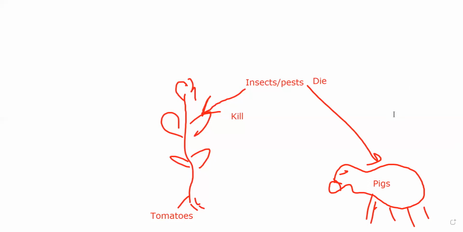So I ask myself, why are these insects dying when they feed on pigs? Even if I can't answer that question, at least, no matter how uneducated I could be, I'm able to guess that inside that pig there is what? There is something, isn't it?